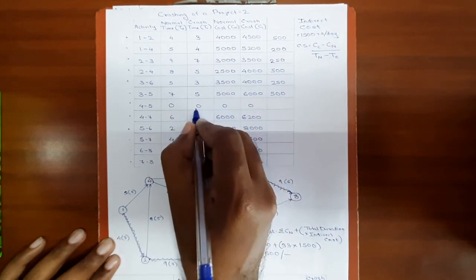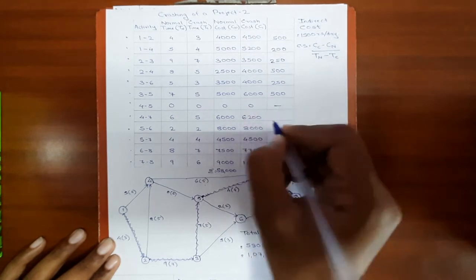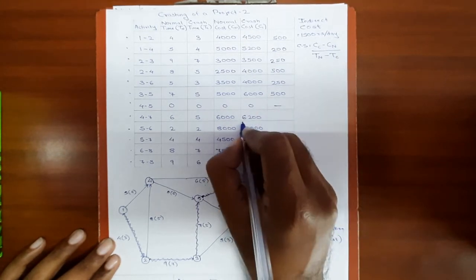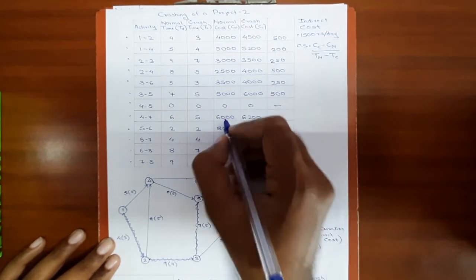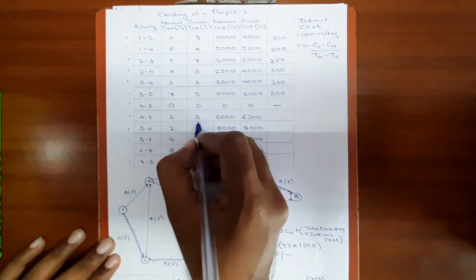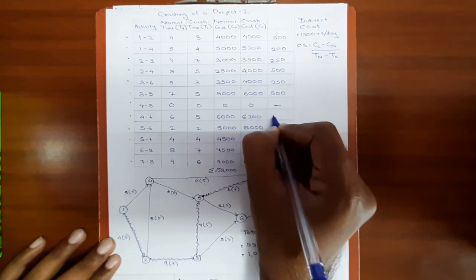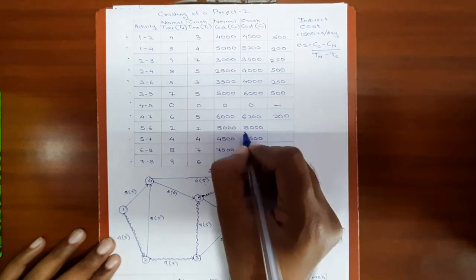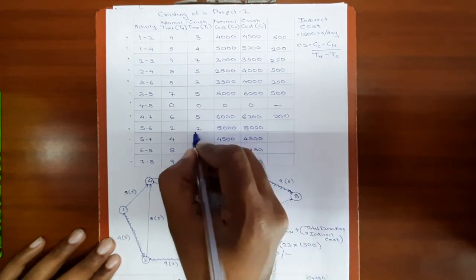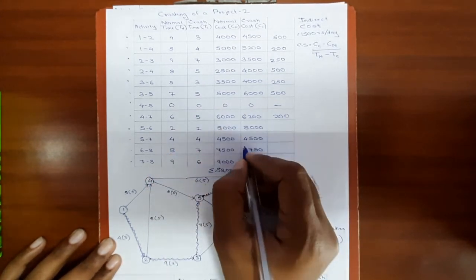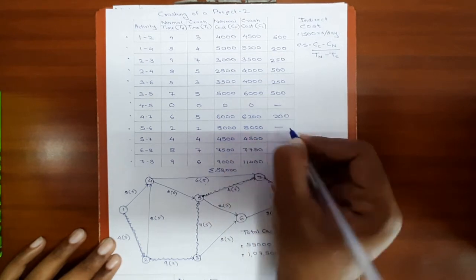0 minus 0 divided by 0 minus 0, nothing. 6,200 minus 6,000 divided by 6 minus 5 is 1. So the cost slope will be 200. 8,000 minus 8,000 divided by 2 minus 2, which equals 0 divided by 0, nothing.